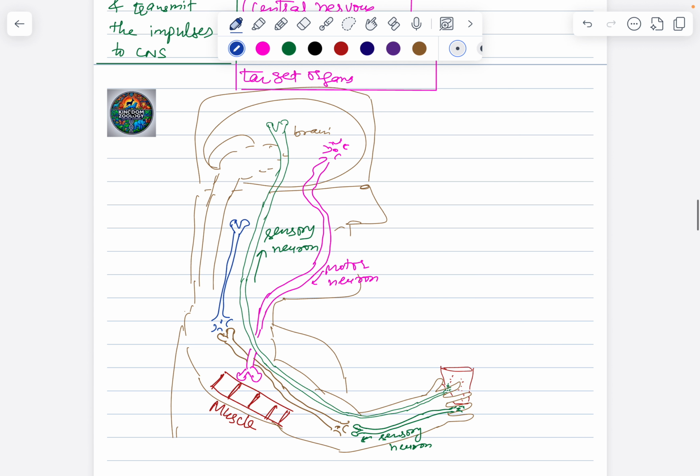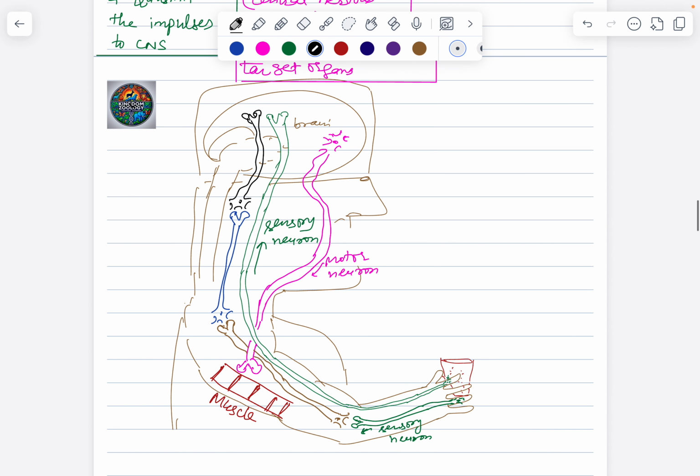And then finally, maybe one more neuron that will be collecting the information from here and ultimately bringing it to your brain. So in this picture now, if this was your sensory neuron, what are all these neurons? They are called the connectors, or the interneurons, or the relay neurons.